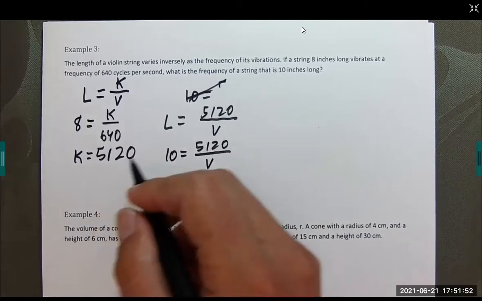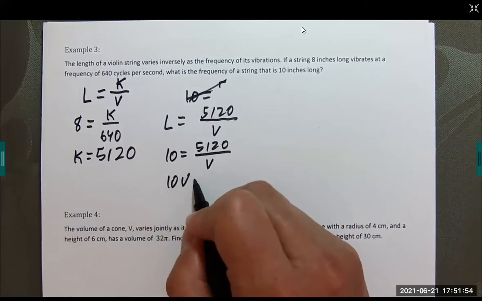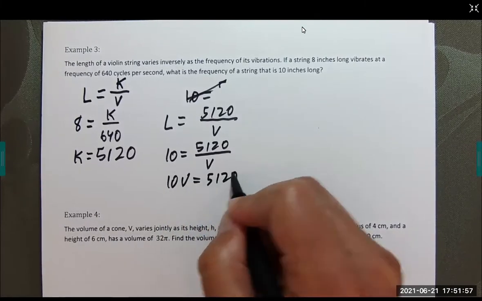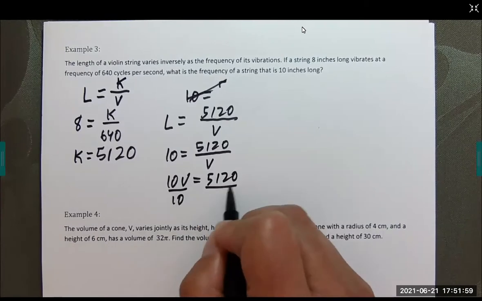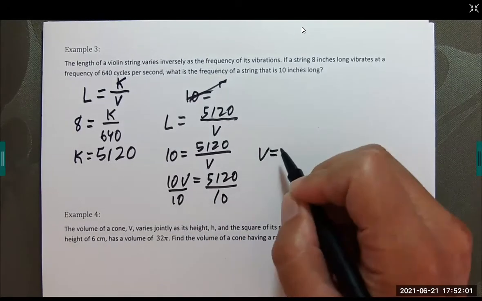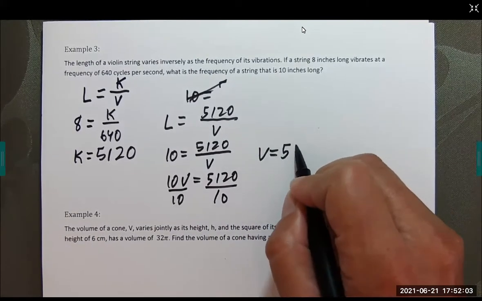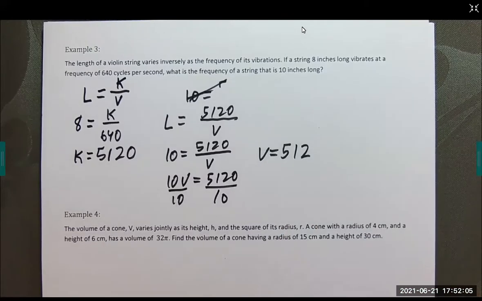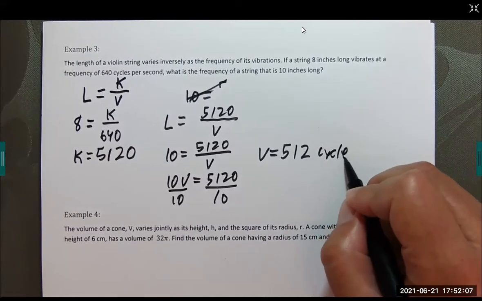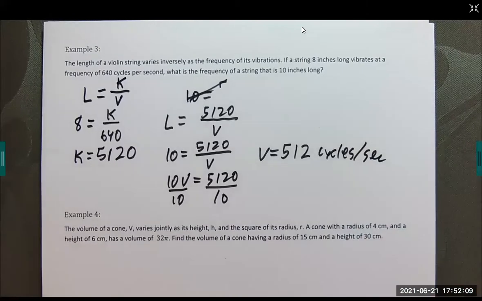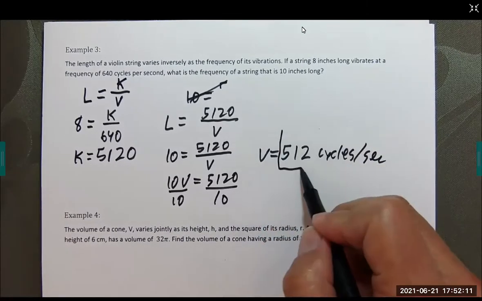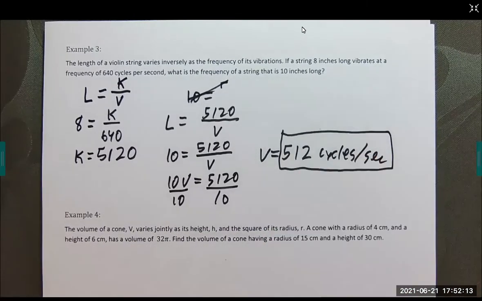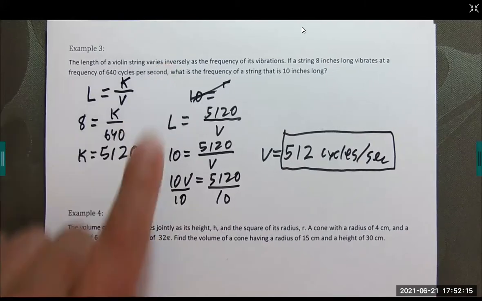Multiply through by B. Divide by 10. B is going to be 512 cycles per second. Make sure you read the question clearly. Is it inversely or is it directly proportional? And so on.